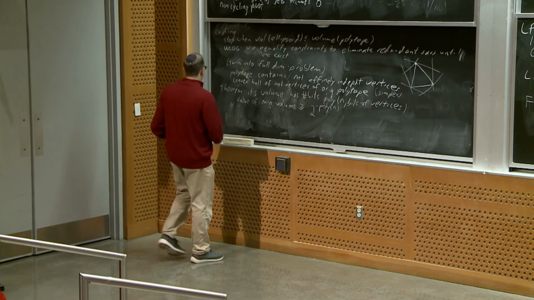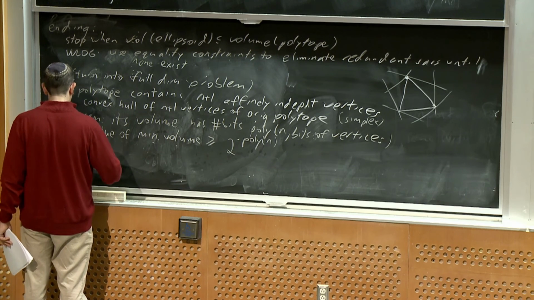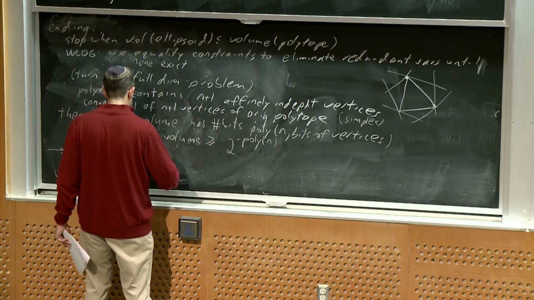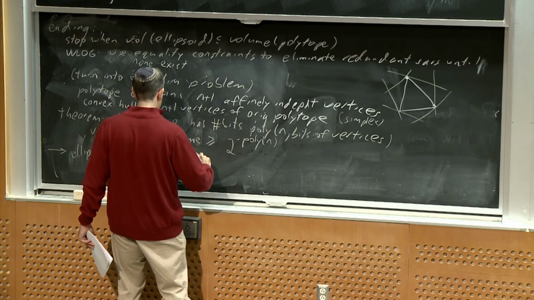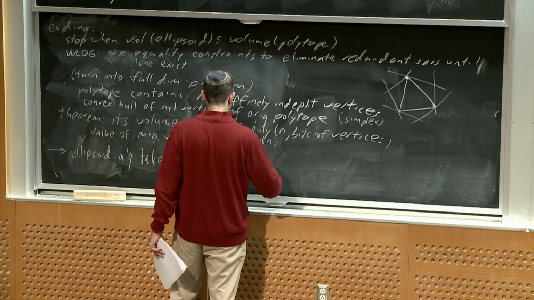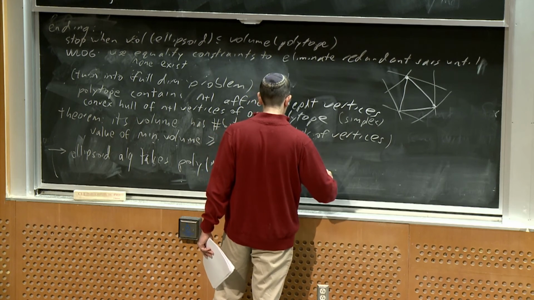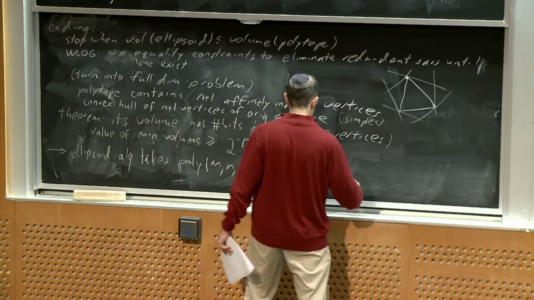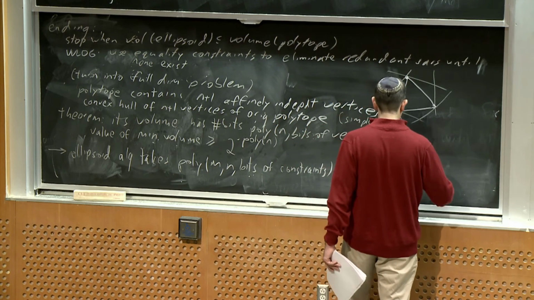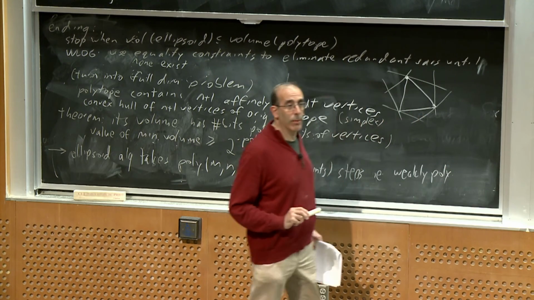Okay, and this brings us to our conclusion that the ellipsoid algorithm takes a number of steps which is polynomial in the number of constraints, the dimension and the bits of the constraints, i.e., it is a weakly polynomial algorithm for linear programming.